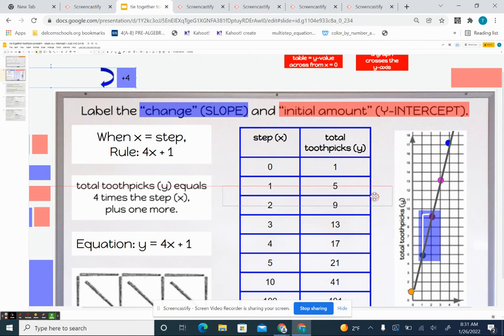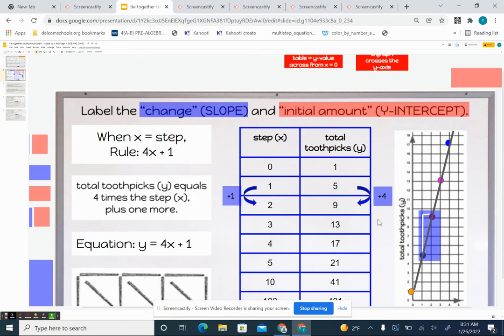If you drag that down, this is showing you that the change on the data table is that the y's are going up by 4 toothpicks. That's the y change, as the x values are going up by 1 step. So it's showing you're going up 4 toothpicks per step. That's the change in the data table.